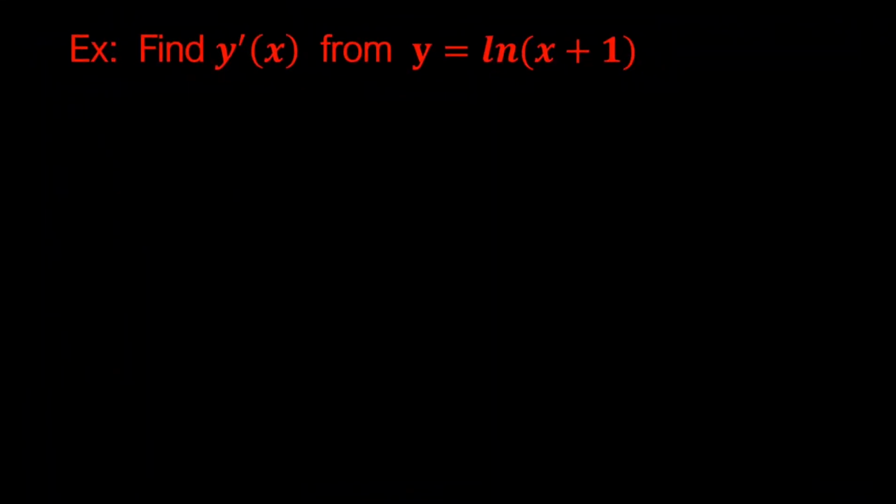The question is to find y dash x from y is equal to ln of x plus 1. So here we recall the formula: d dx of ln h of x is equal to 1 over h of x times the derivative of h of x.